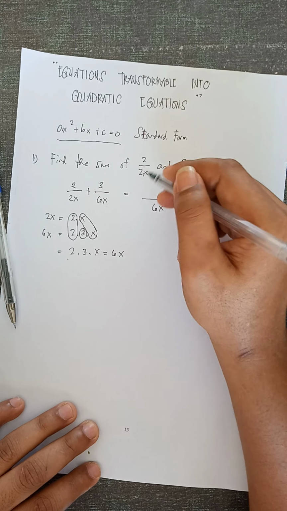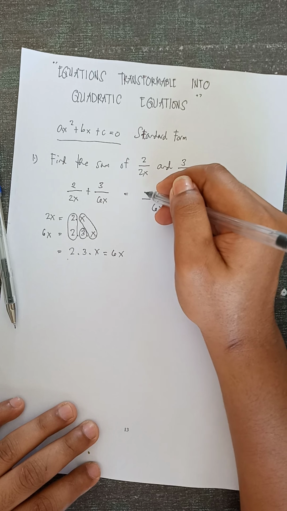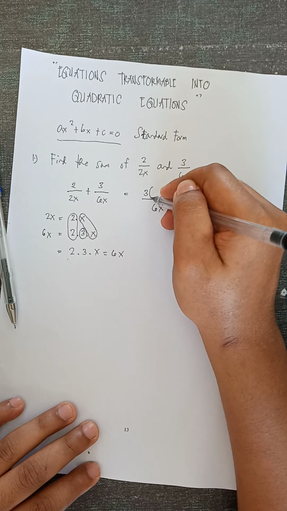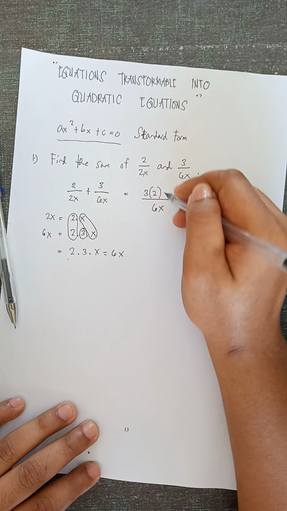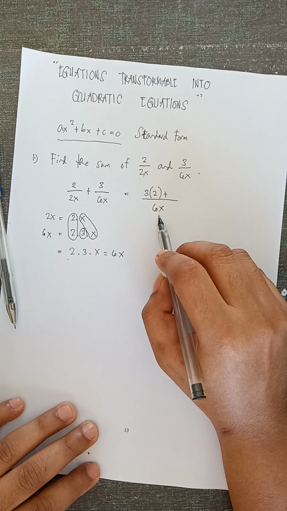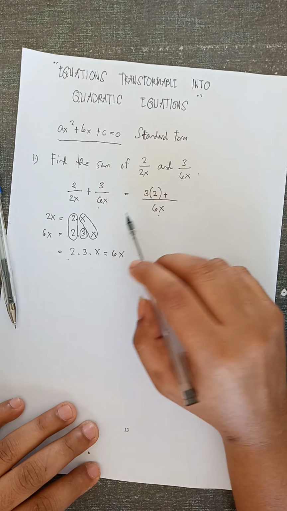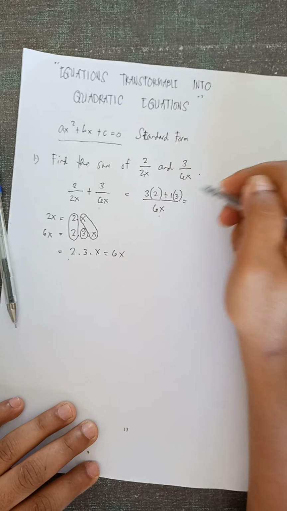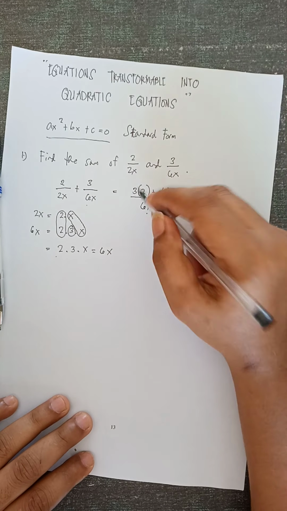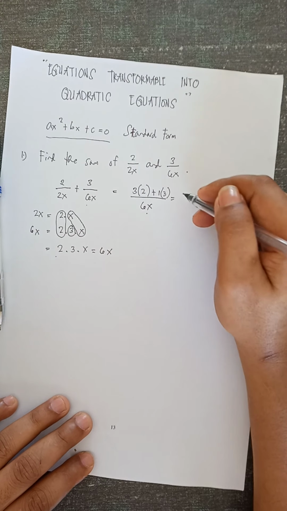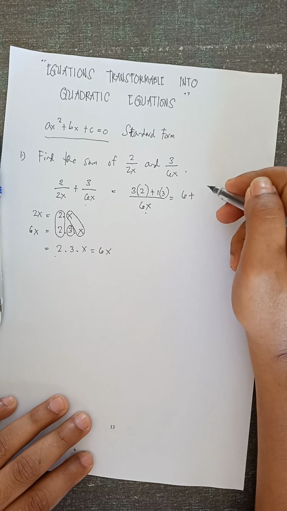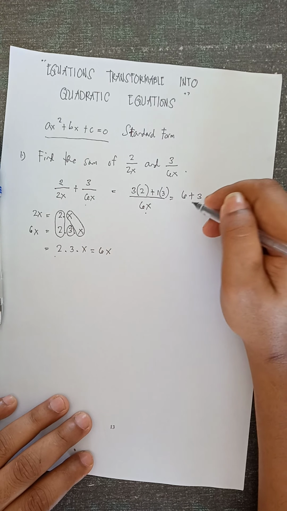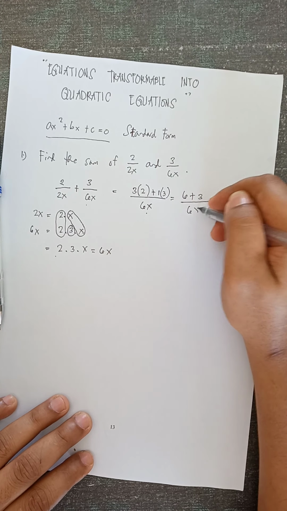The result will be 3, 3 times 2, plus 6x divided by 6x is equal to 1, multiplied by 3. We have 3 times 2, we have 6, plus 1 times 3, we have 3 over 6x.